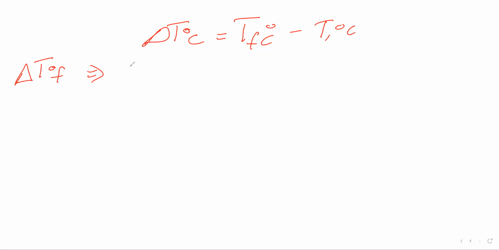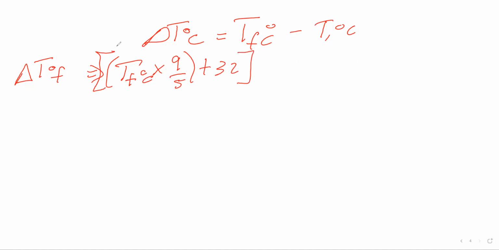So what we did is T final in degrees Celsius times 9 upon 5 plus 32. You with me? Yes, sir. All of this here is the final temperature.